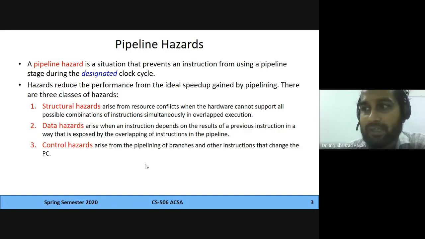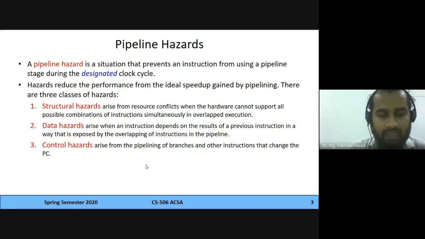When we talk about structural hazards, as the name specifies, it is about structure, or hardware. These hazards are because of insufficient hardware resources. If you don't have enough resources to run a combination of instructions together, then you have to stop one instruction and let the other one go.